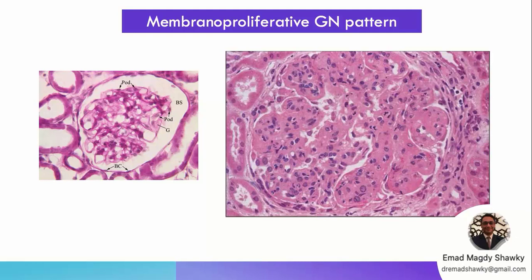So accordingly, if we revise the last summary, if we have inflammatory cells in the capillary space or in the mesangium, or this mesangium increases in size, or these inflammatory cells occlude the capillary space, so the filtration will decrease and the GFR will decrease.